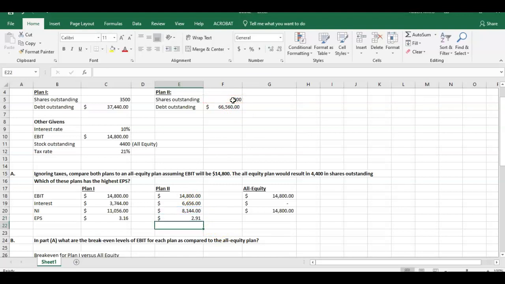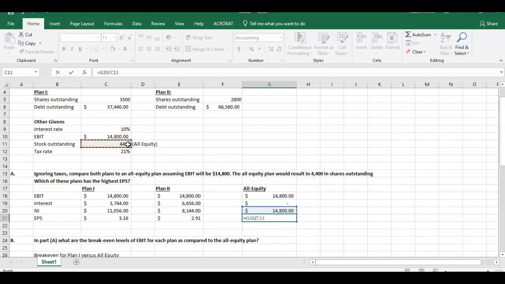So we have a marginally lower earnings per share in plan number 2. And in the all equity plan, we're simply going to take our 14,800 divided by our 4,400, the number of shares outstanding. We have $3.36 in earnings per share.